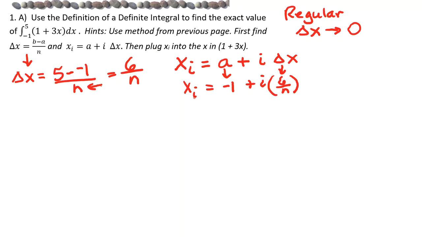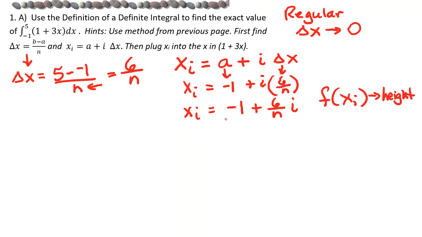So here for the x sub i coordinate, I'm going to just reverse this and make it 6i over n. So this is the coordinate, and remember that f of x sub i is the height of each of those Riemann rectangles. So x sub i is just the x coordinate that we need to plug into our function. So remember, we're going to have to plug it into the 3x here.